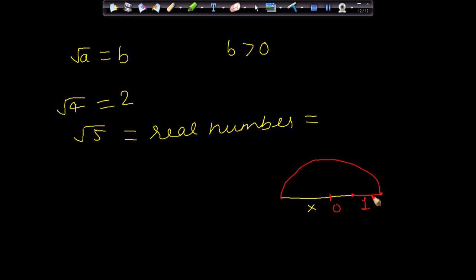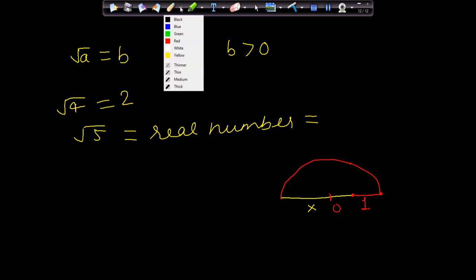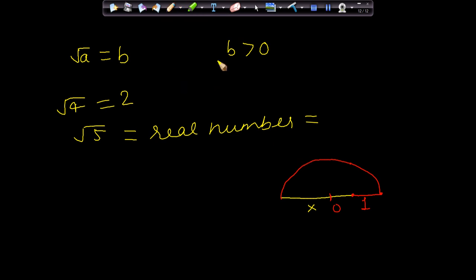If we take this as diameter, then the radius will be x plus 1 by 2. Then this is the point of length x. Then this length will be root x. Why will this be root x?